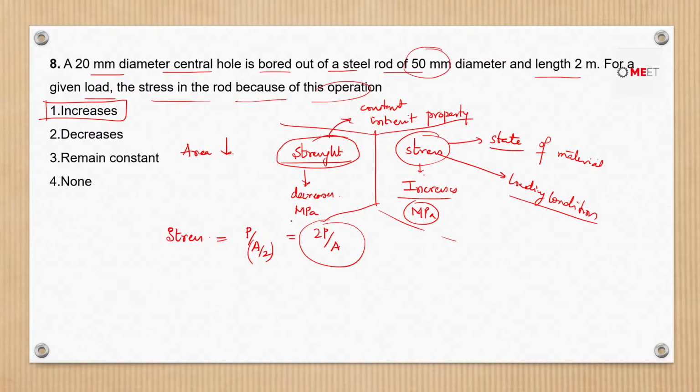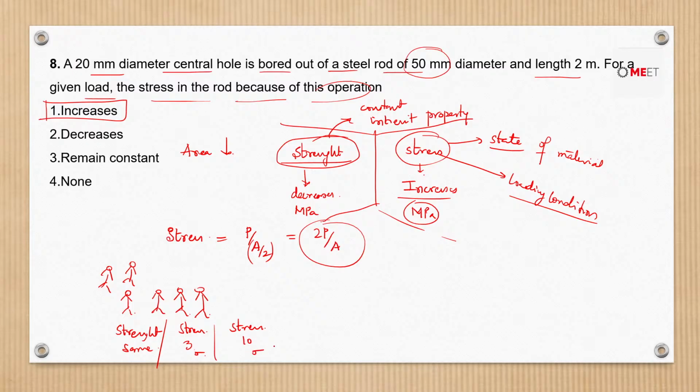If you want a simple example: if one person is fighting against three persons, his strength will be the same, it is constant. But if the same person is fighting against 10 persons, his level of stress is going to increase. Earlier it was three, so was the magnitude of stress, but if he is tackling 10 persons, then the sigma value increases drastically.